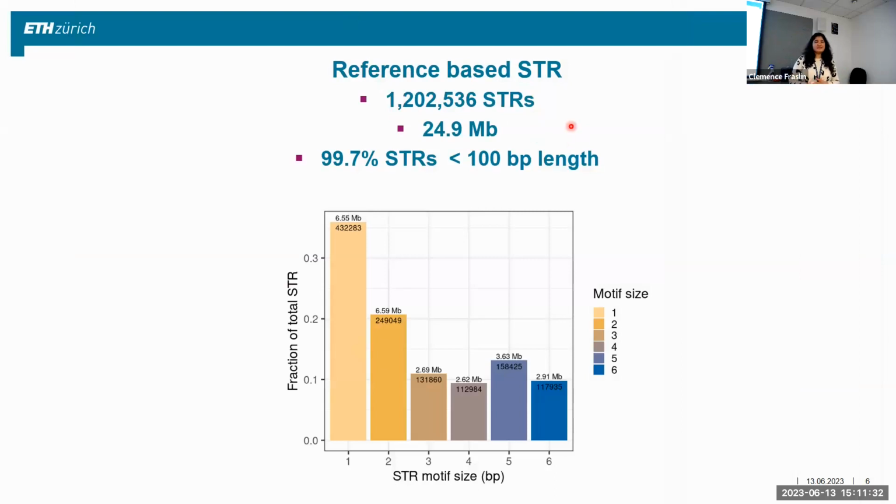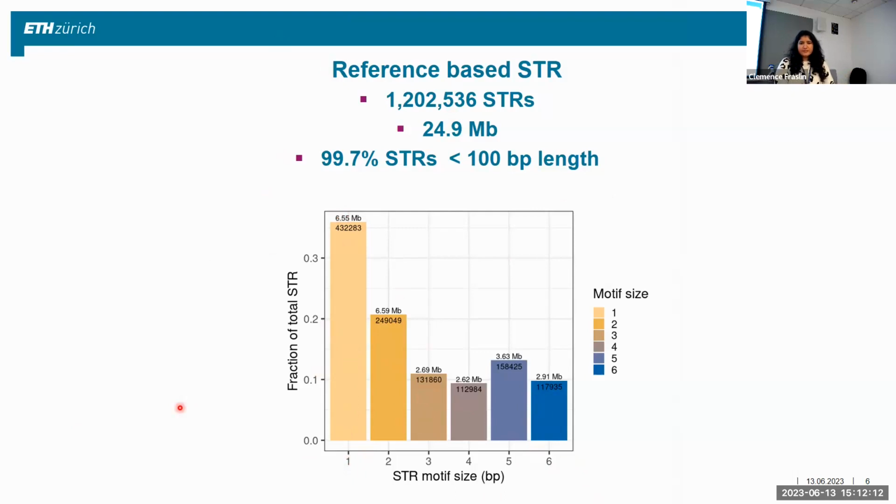We excluded X and Y. And among these 1.2 million, more than 99% of STRs had a total length below 100 base pair, which made us use the short read data because our short read alignment was 150 base pair. So when the STR is below the size of your read, it is easy to identify them. And in this reference based STR, the most frequent was the 1 base pair motif size and the least was 6.